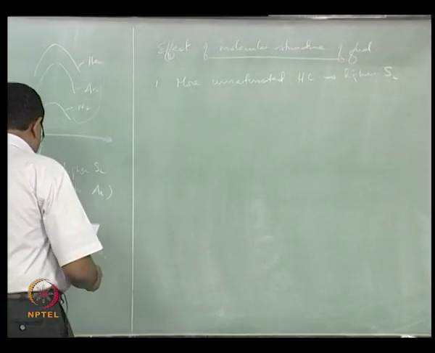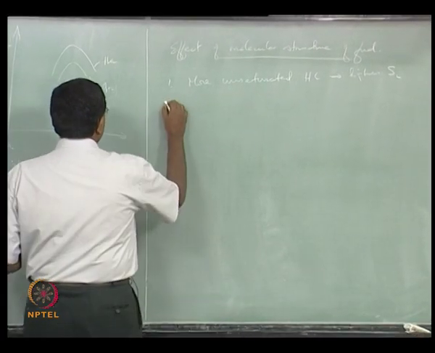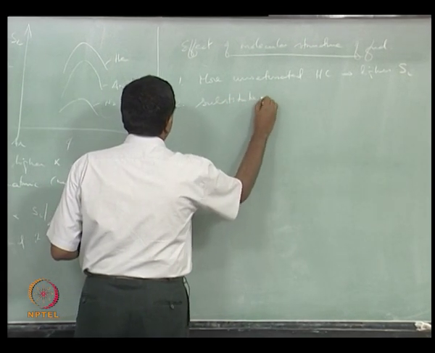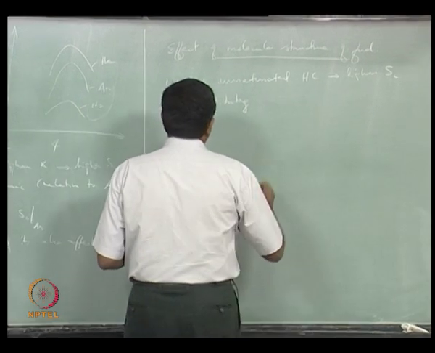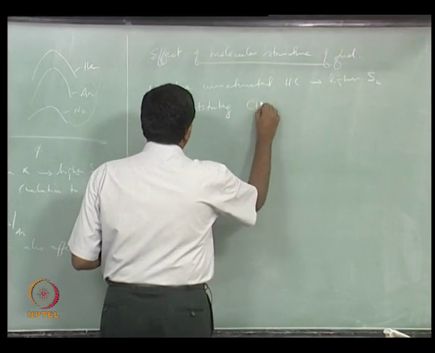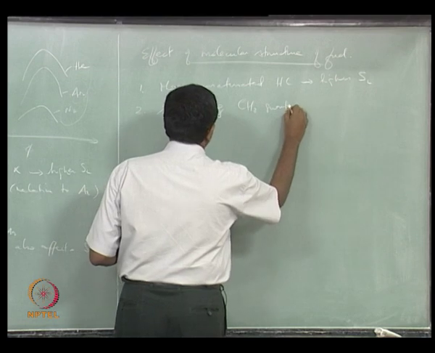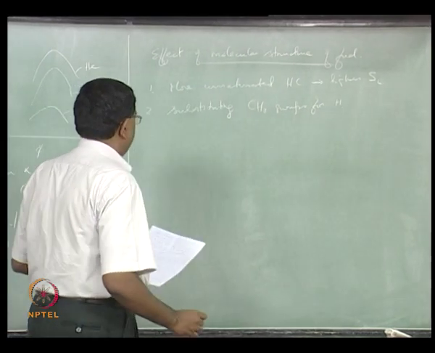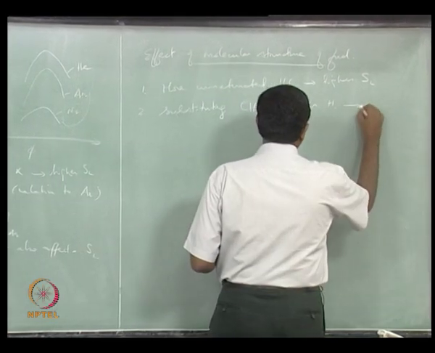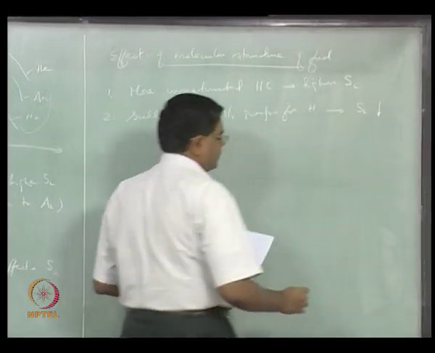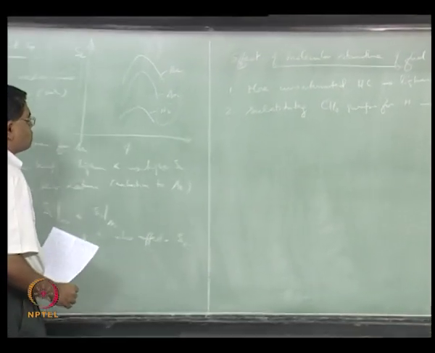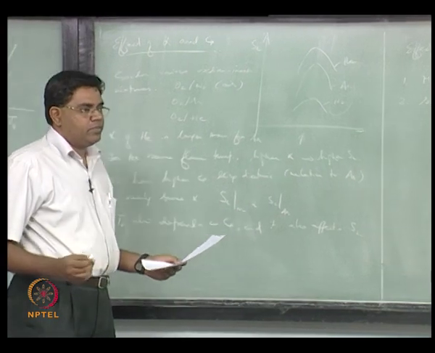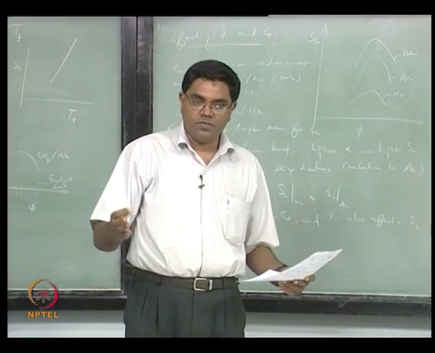Then the other thing that we should think about is substituting methyl groups for hydrogen, right, leads to SL decrease. That means, for example, when you now have methane, you have 4 hydrogen atoms, right?